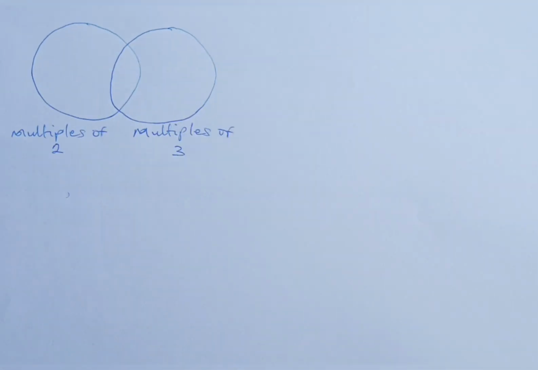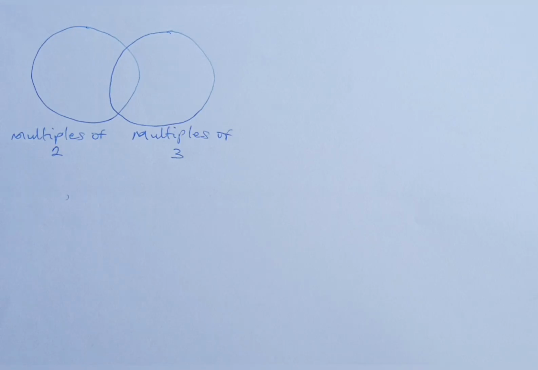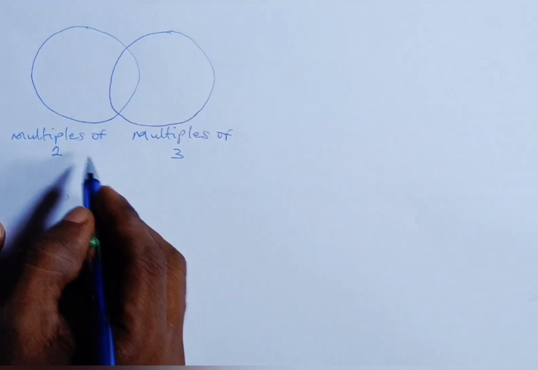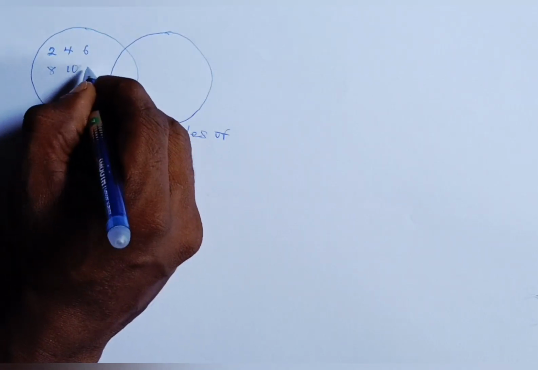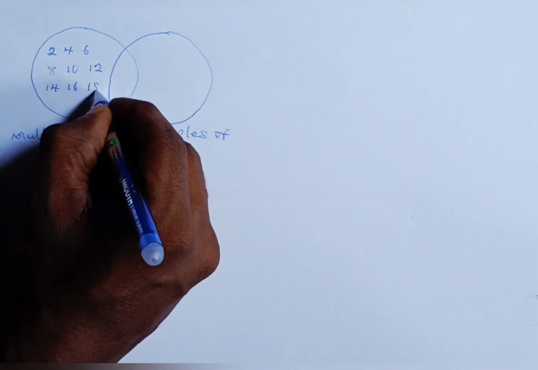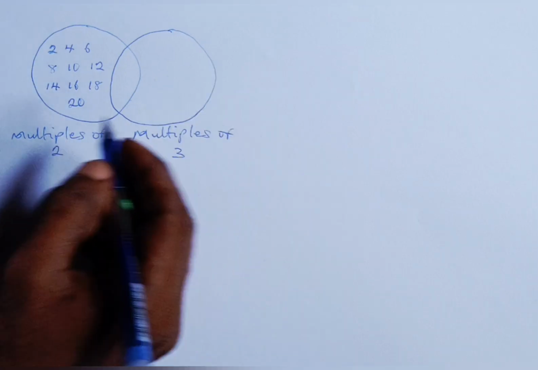Now, what happens when two numbers have a play date? Let's look at the multiples of 2 and the multiples of 3. Multiples of 2 are, and so on.